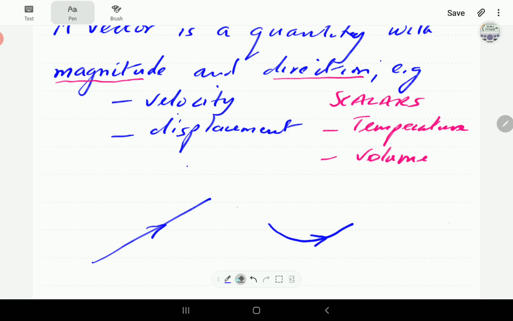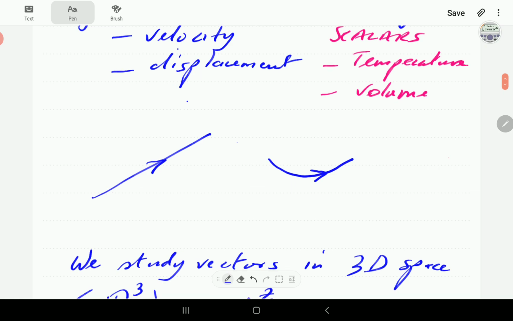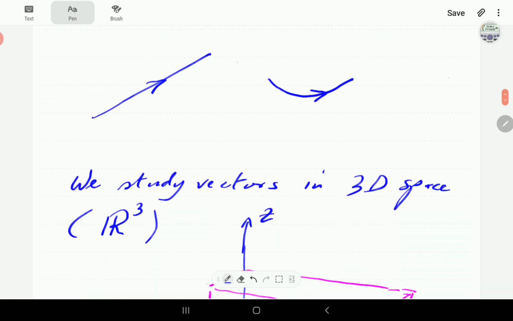When we start studying vectors of this sort, that's when we need calculus. Otherwise, for these ones, with vector algebra, we should be able to get by without a problem. But once you've got a change in direction within one vector, then we need calculus.